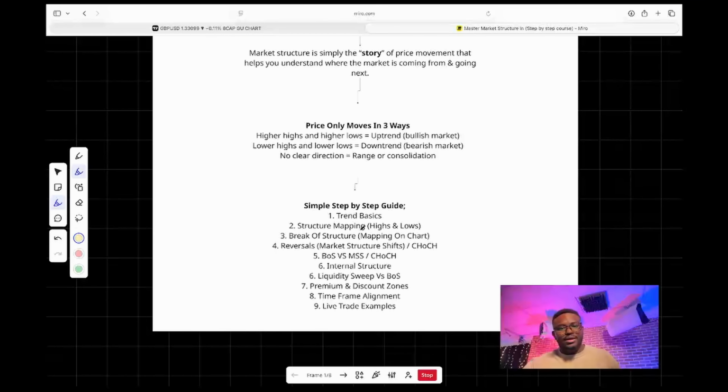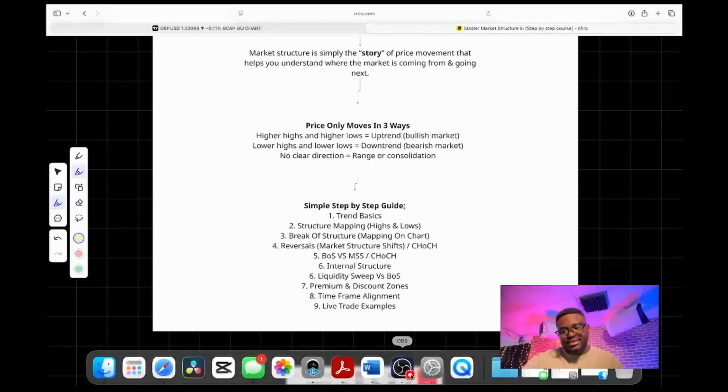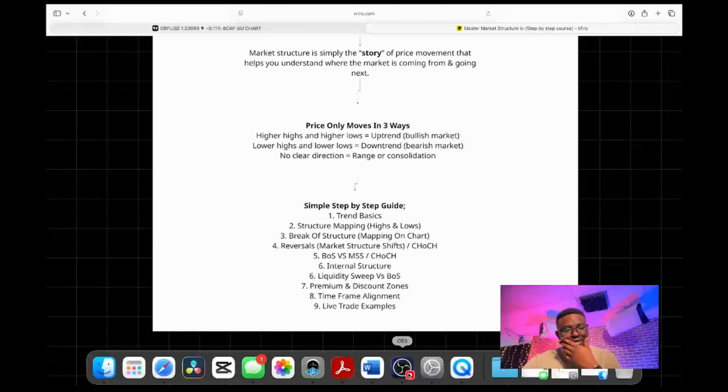Okay, great. So now we've been able to understand the basic trends, bullish structure, and we've also been able to understand the bearish trend, the bearish structure. We've also been able to mark out break of structures and market structure shift, and we've also been able to understand reversals.